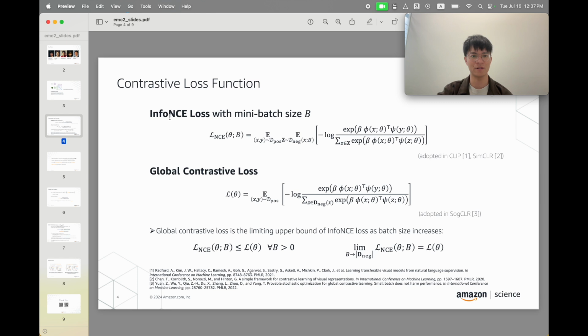The first loss function is called the InfoNCE loss, where in the denominator, the negative scores are summed over a mini batch of samples of size B. On the other hand, we have a global contrastive loss, where the denominator is summed over all the negative samples of the data point X, and it turns out that the global contrastive loss is the limiting upper bound of the InfoNCE loss as the batch size of InfoNCE loss increases up to the size of the whole negative data set.